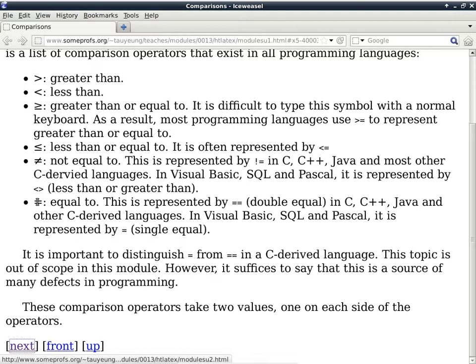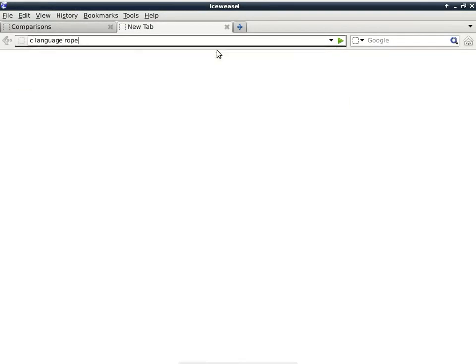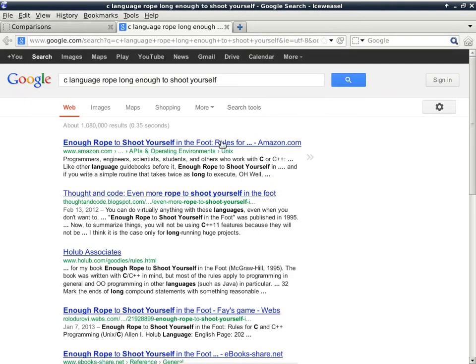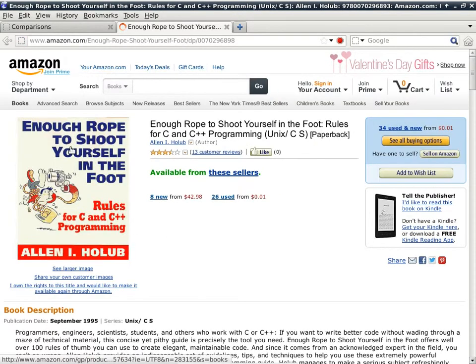Okay, C language, rope long enough to shoot yourself. And here's the book. Enough rope. I was not entirely correct, but pretty close.